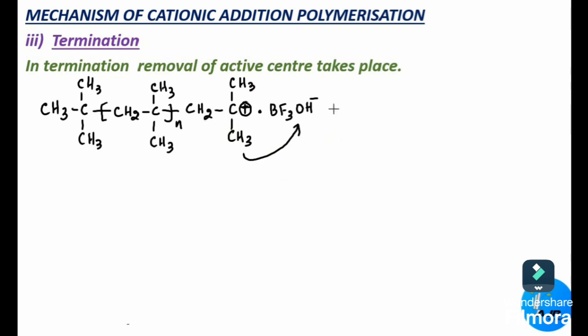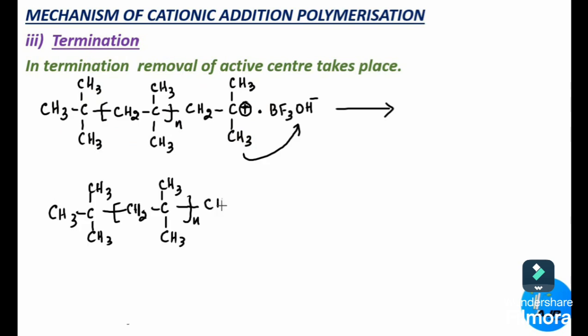Okay. So now let us see what is happening. So let me write the end product. I am writing the same whatever given here. So I have written everything whatever given here and finally I am shifting one hydrogen from this carbon center to this one.